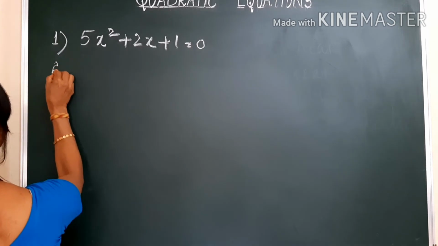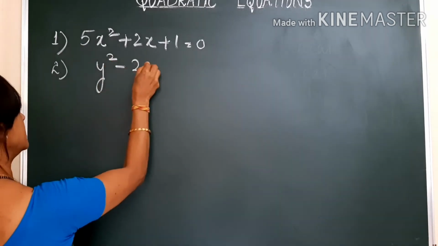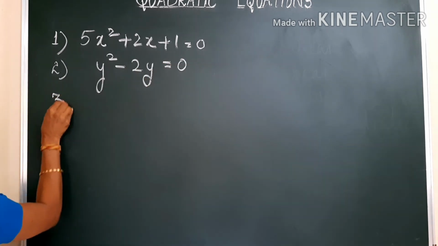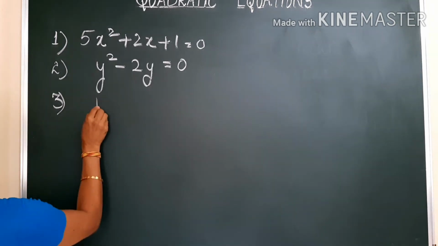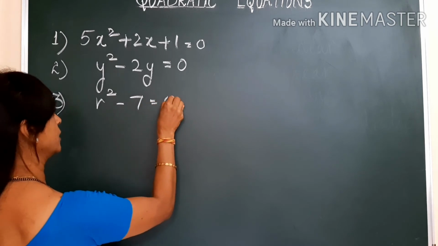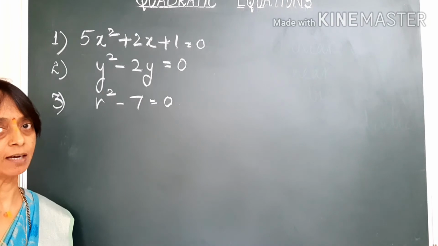The second one, y squared minus 2y is equal to 0. Let's take one more: r squared minus 7 is equal to 0. So what do you see in these three examples?